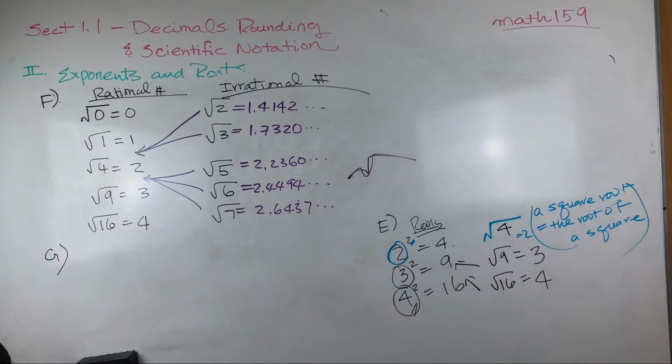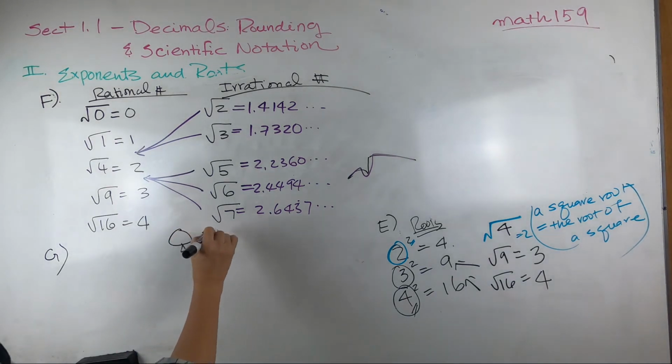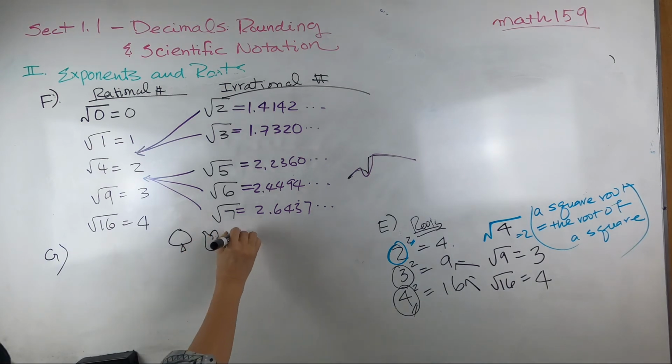Next one. Let's see some examples. Here it says, suppose you pick 3 cards from a 52 card deck. Okay? So in a 52 card deck, you have what? Spade, heart, diamond, and club, right?